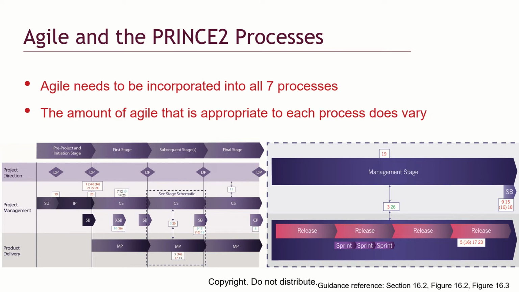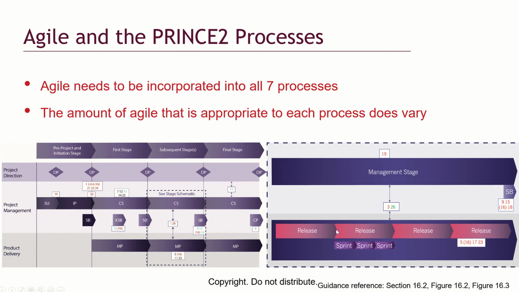The amount of agile that is appropriate to each process varies. The amount of agile that you apply to each of the 7 processes varies. So we'll look at the 7 processes and we'll also look at how you apply agile for them. But what we need to know as far as this page is concerned is to remember that what we call a stage boundary is like a release point, which is also referred to as a completion of a sprint.